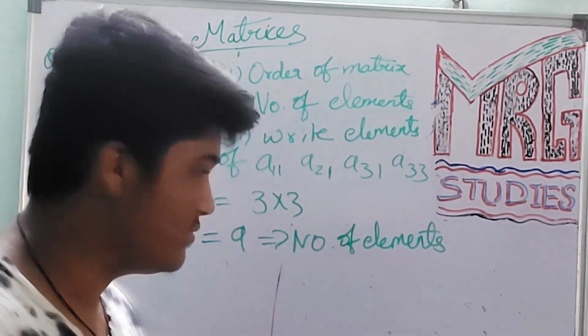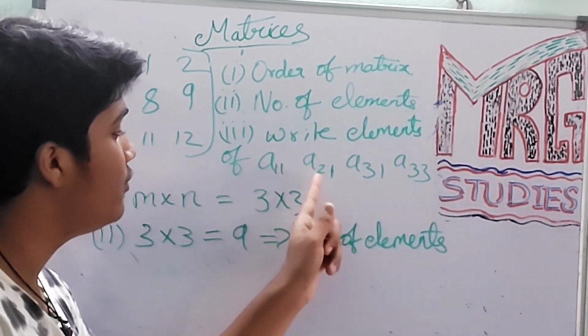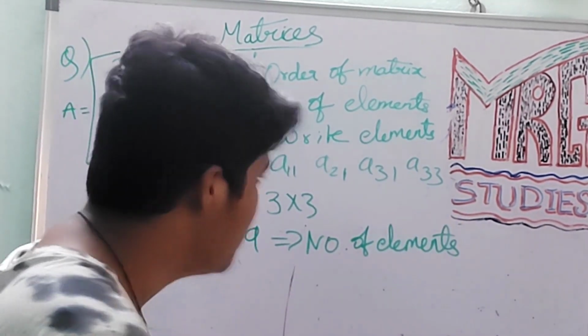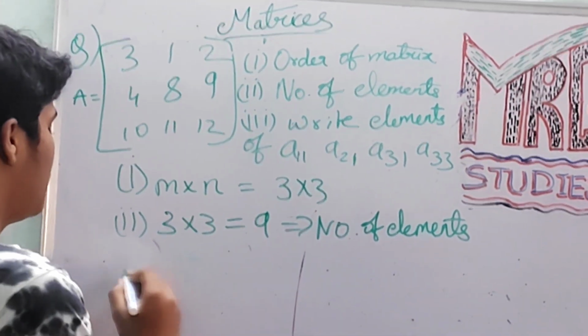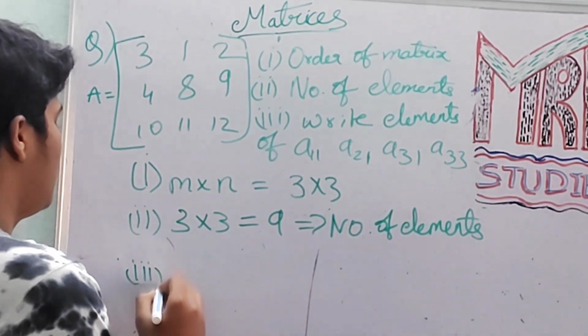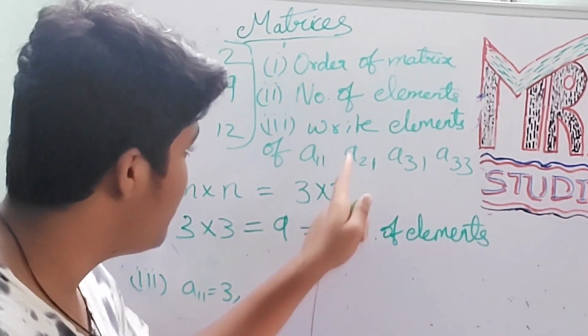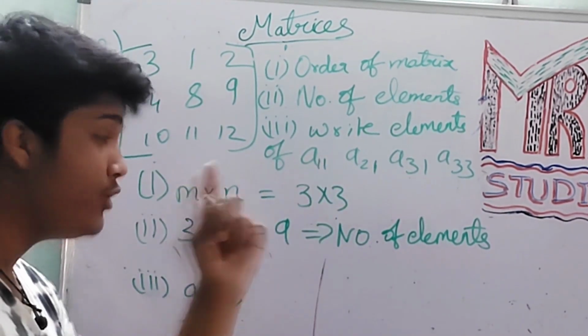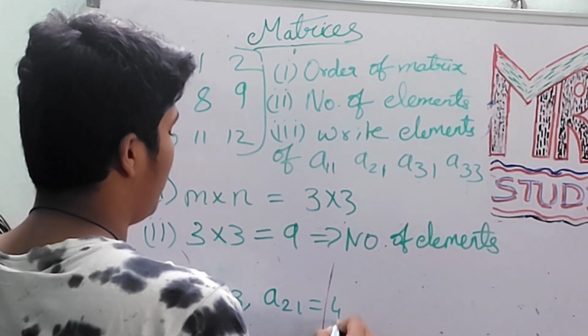And the third question: write elements of A11, A21, A31, A33. So what is the element in A11? Say friends, A11 equals 3, right? And what is the element in A21? A21 equals 4, right?